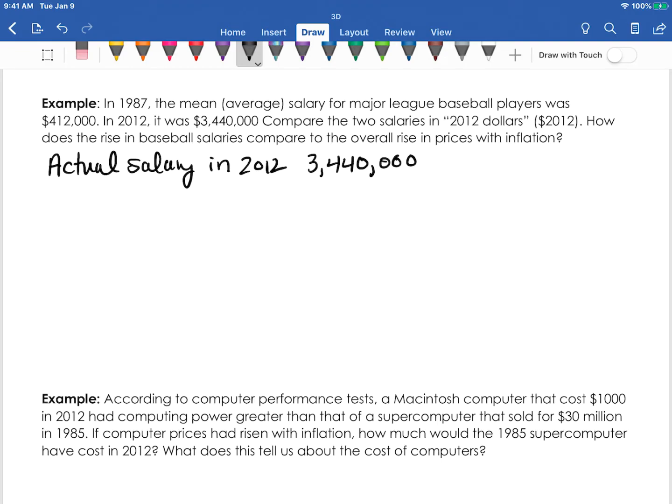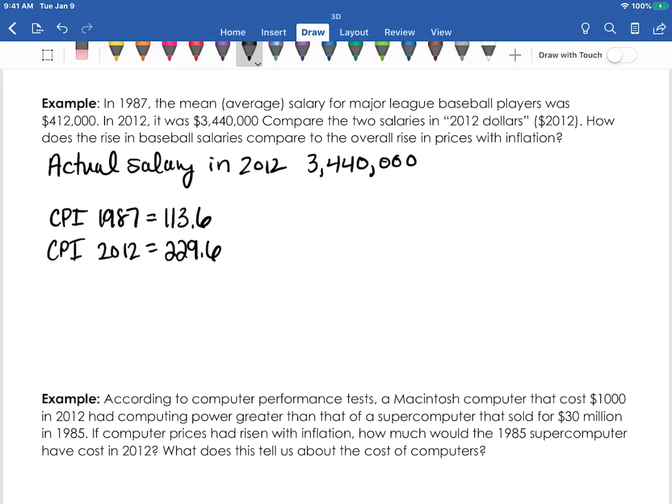So in 1987, the CPI was 113.6. The CPI in 2012, based on the chart, is 229.6. So we're going to set up a ratio.